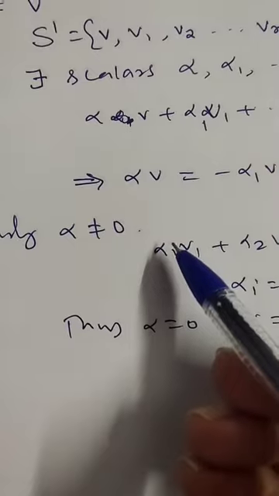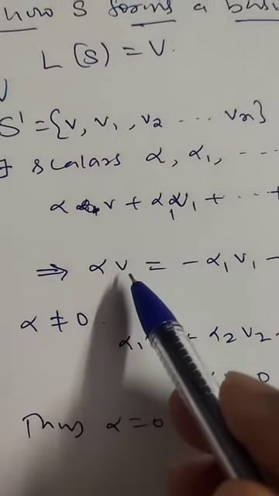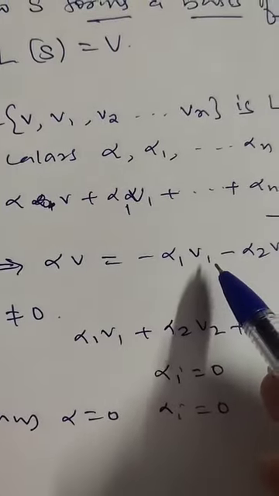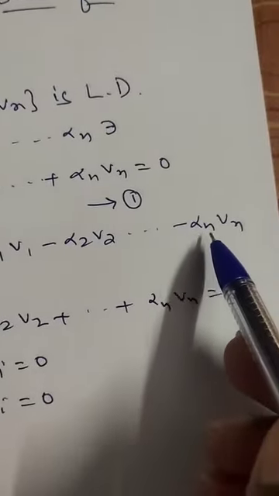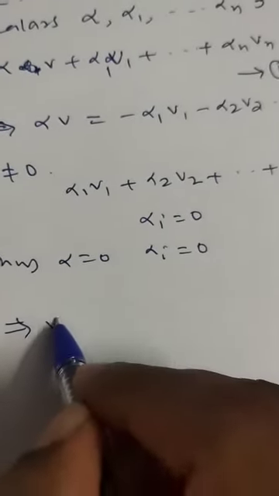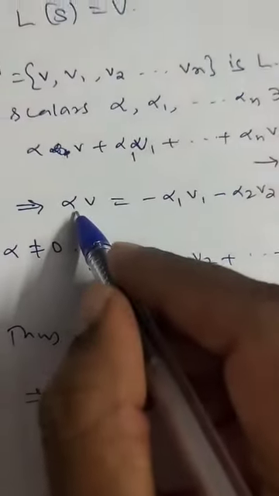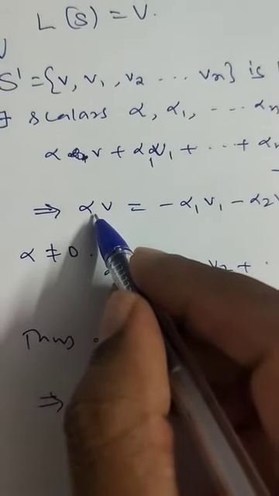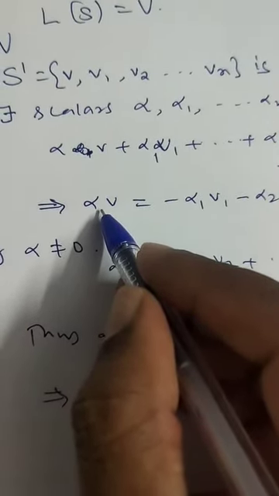If alpha cannot be 0, what will happen? We have the expression alpha v is equal to minus alpha 1 v1 minus alpha 2 v2, etc., minus alpha n vn. So v is equal to, since alpha is not 0, alpha inverse exists because it is an element of F. Every non-zero element in a field has a multiplicative inverse.